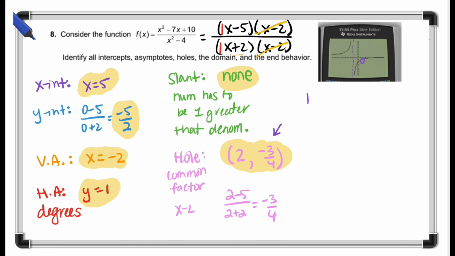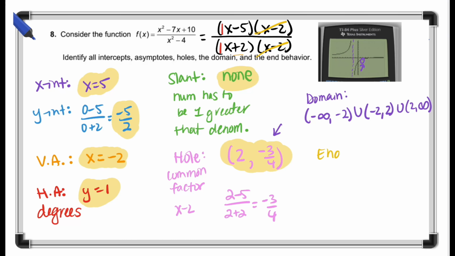So the domain is this first piece, negative infinity to negative 2, and then from negative 2 to positive 2, because the hole stops you right there, and then from 2 to positive infinity.